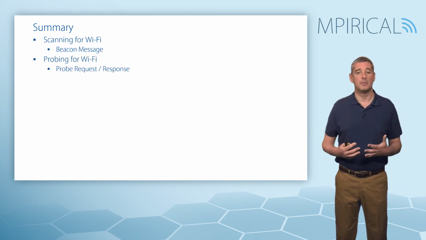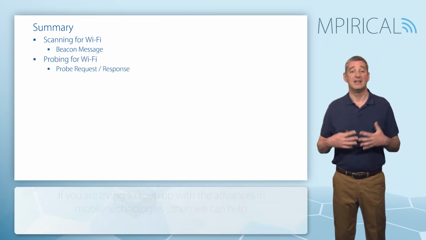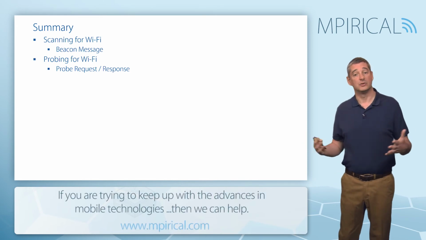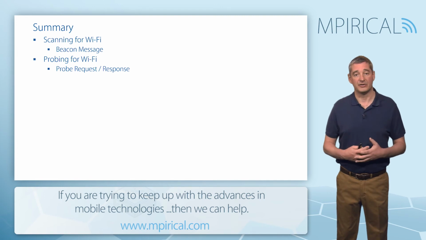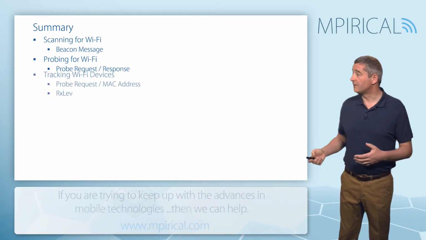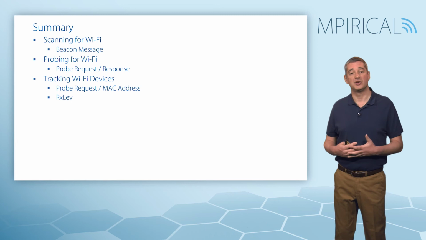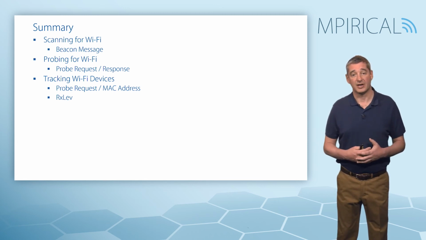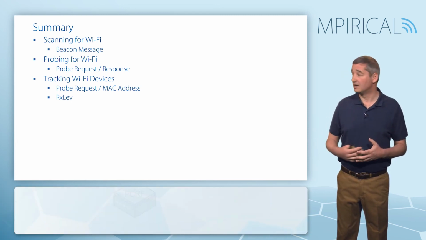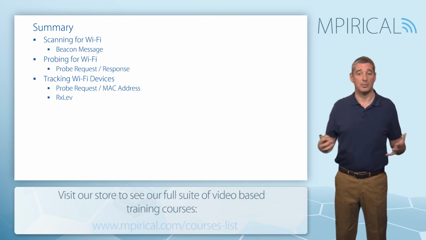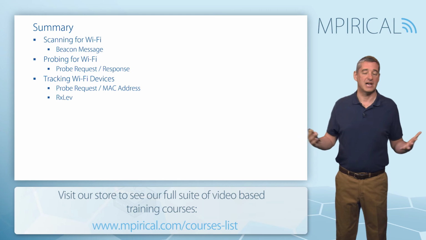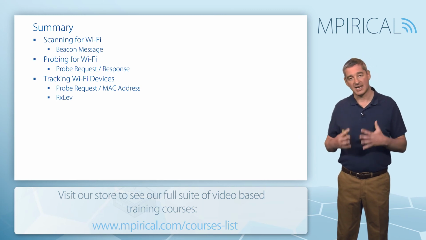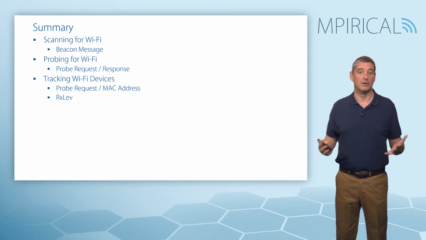However, the more common approach used by stations today is the active method, where the stations transmit a probe request and await probe responses from the various access points. And finally, we had a look at how this information could be used to track Wi-Fi stations as they move around a vicinity, using a combination of the probe request messages, the MAC address of the station, and potentially the signal level, giving us a tighter indication of the location of this station.